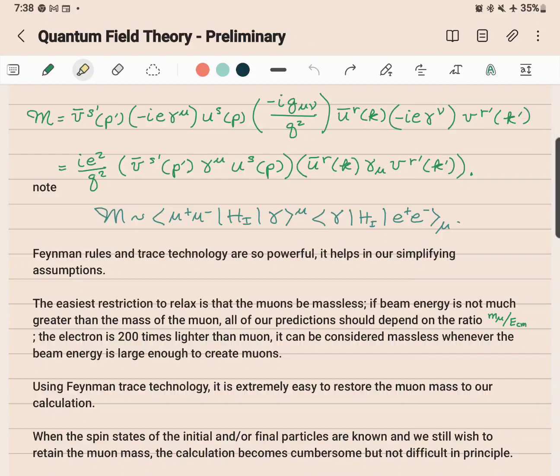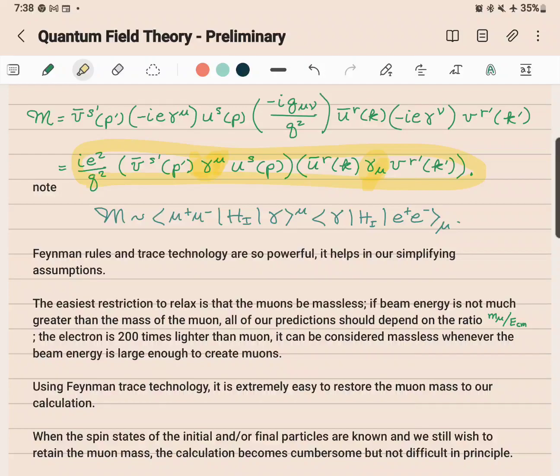There is what we call trace technology that is so powerful. It helps in simplifying this expression, because we have gamma mu here. It can contract with this. These are matrices, so we need to use some trace technology.